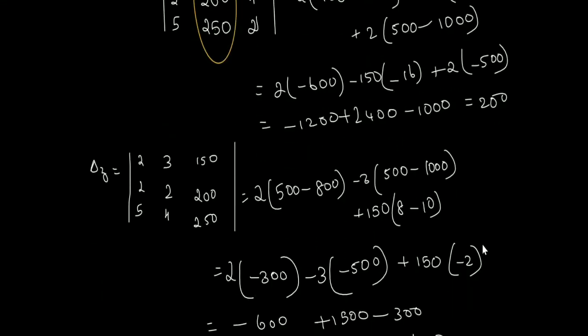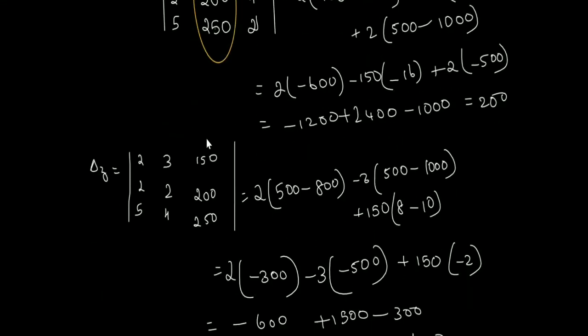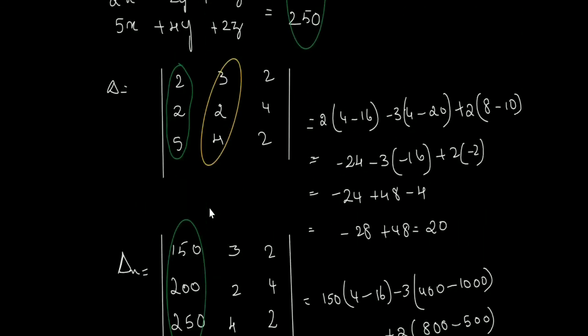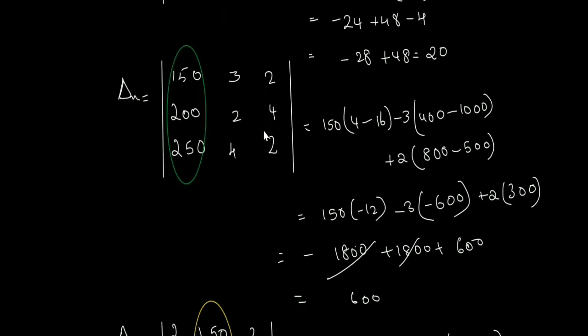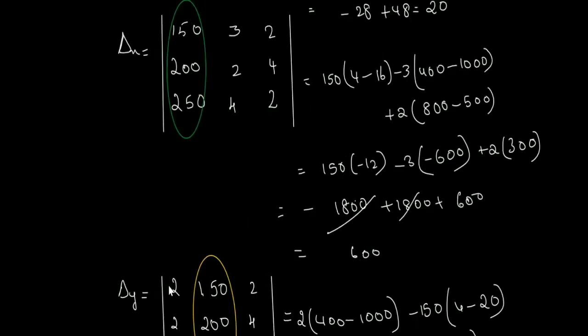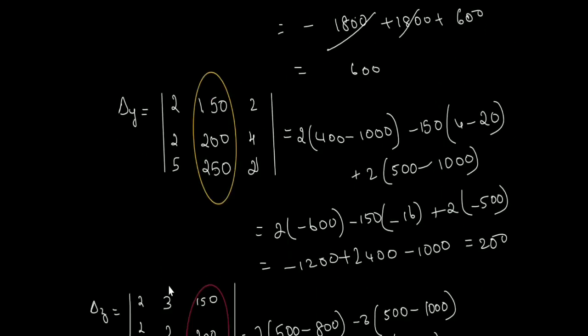So delta z is equal to, what should you do? The third column is replaced by 150, 200 and 250. So from delta, the third column of delta, that is 2 4 2, is replaced by the constants 150, 200, 250. First column and second column as it is.